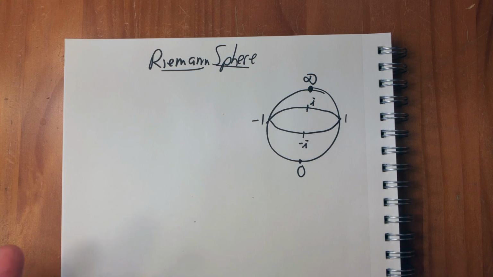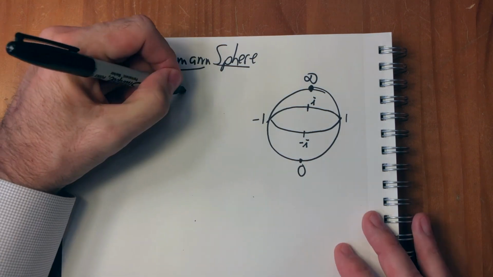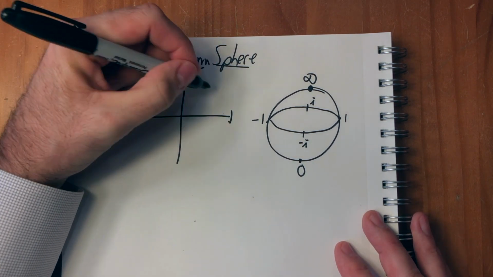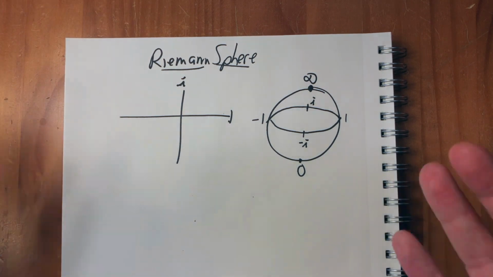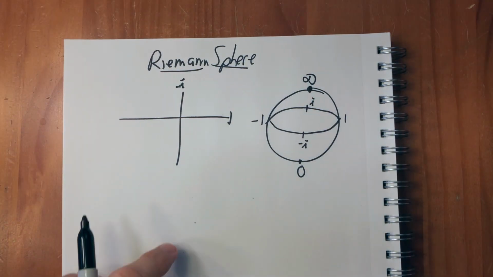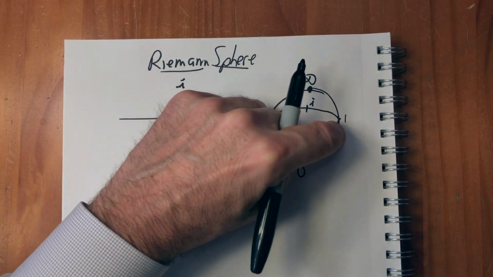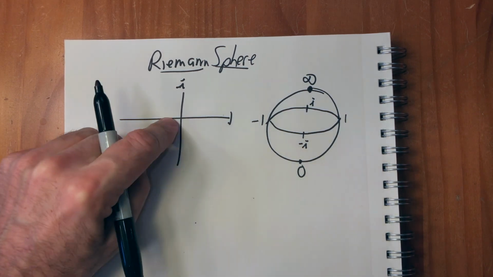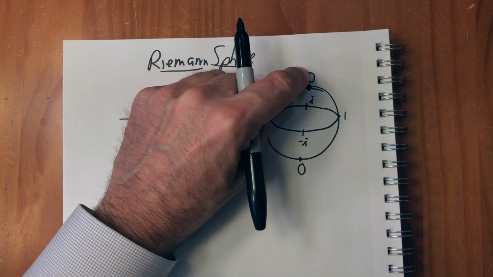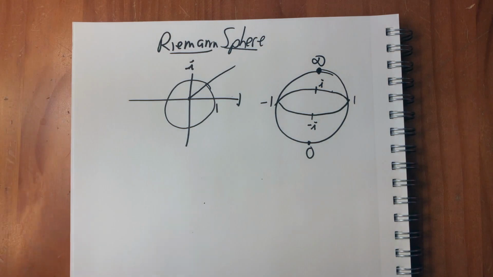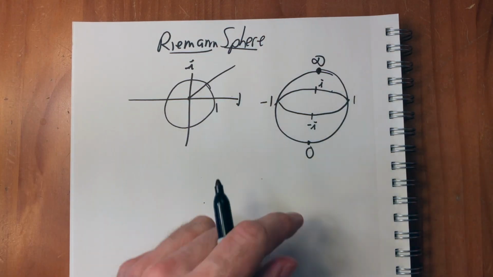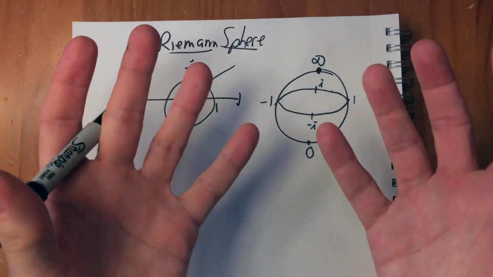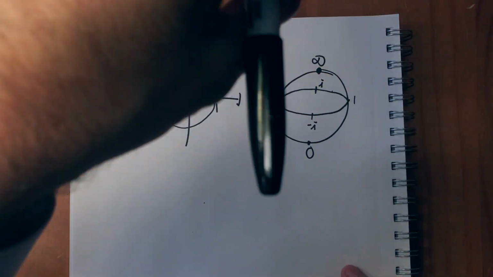This is the projective complex plane. So all we did is we took the complex plane and then bent it around so there's one point at infinity. So this is the unit circle right in the middle. This is 0 down at the South Pole, and up at the top is infinity. That's all a Riemann sphere is. We're just adding infinity and curling up the complex plane so that it all meets at a point.